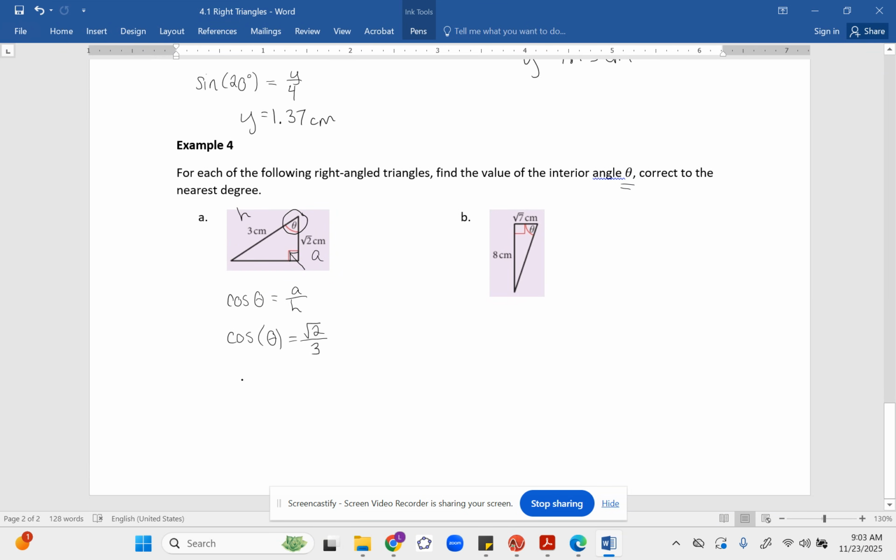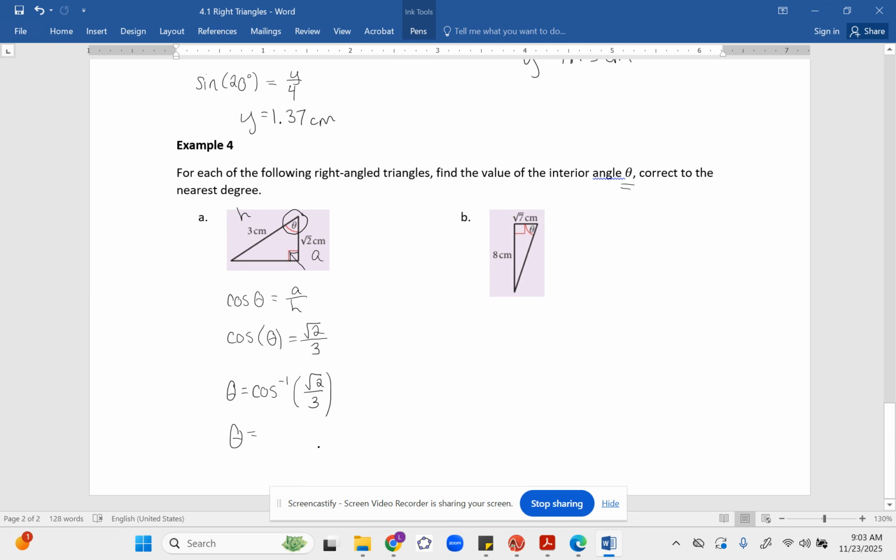So my advice for this one would be, rather than to nSolve it, to get theta by itself, we use what's called the cosine inverse. So to undo the cosine, to unwrap the cosine from the theta, we use cosine inverse of root 2 over 3.